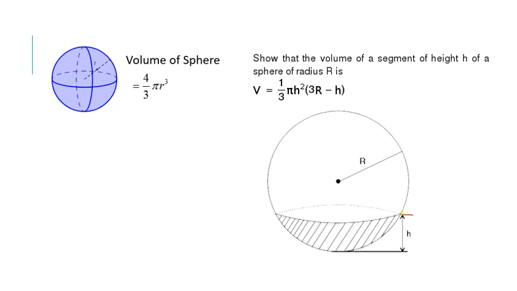You can see that in the figure, h is the segment height and R is the radius of the sphere. Normally, segment of a sphere means it is less than a hemisphere. If it is a hemisphere, it is half of a sphere. So segment of a sphere means it is less than a hemisphere. That's the point that we need to remember.